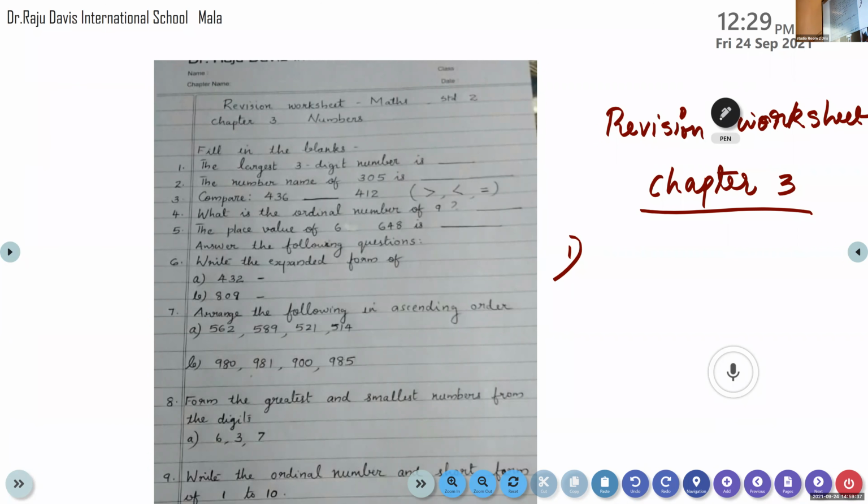Yes, I will share both the question and answer in the group. But you have to write the answer. Please try to write the answer. First question, the largest 3-digit number is dash.